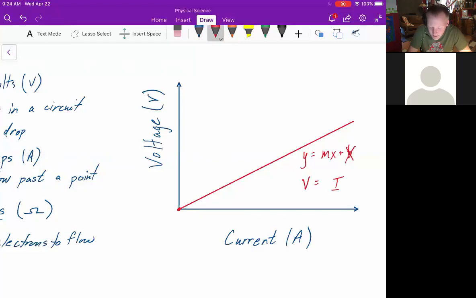I'm just going to put a number in here, 10. Let's say it was 10. Well, that number should have been important in your lab. In fact, that number is your resistance. So we could even rewrite this more generally as V equals R times I. That is Ohm's law right there.